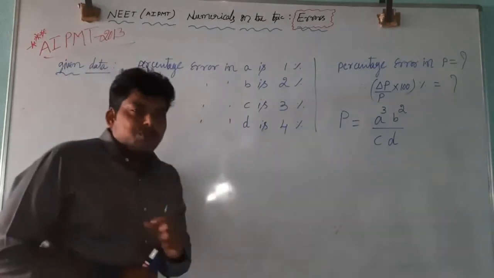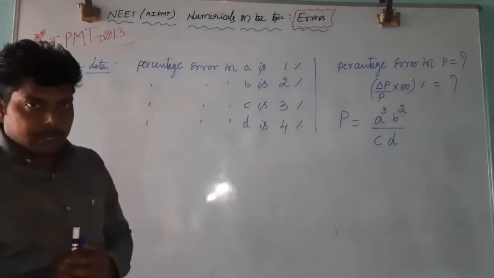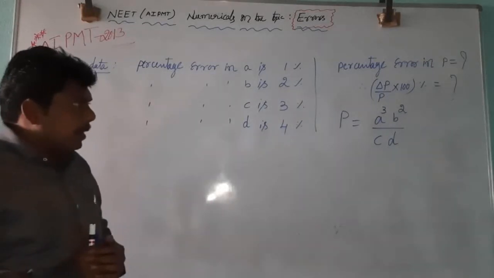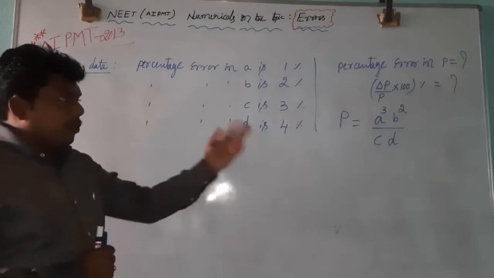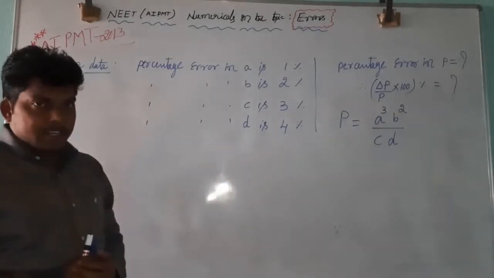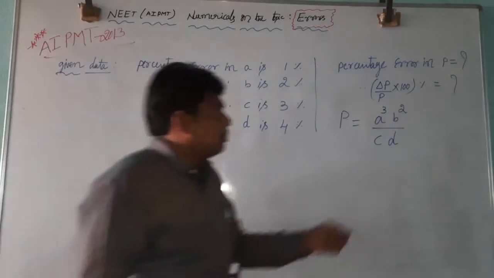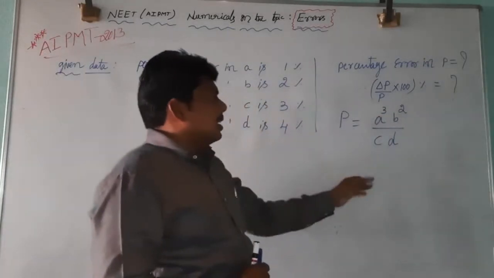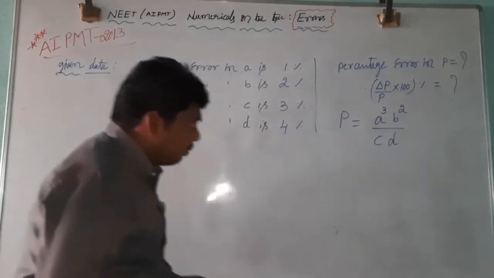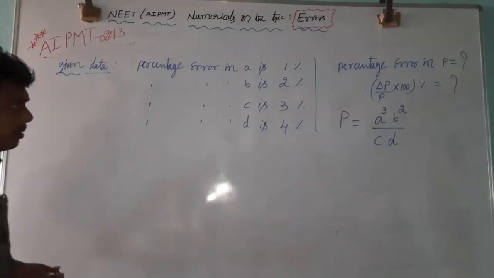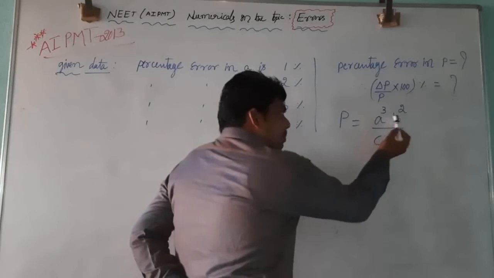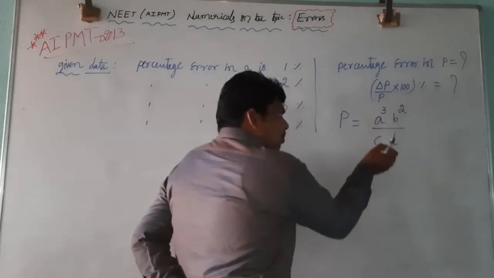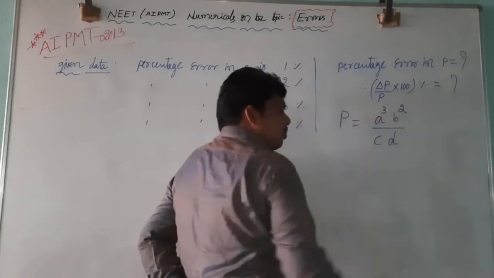This question is very similar to the previous one. In the previous one, I explained how to solve the numerical which is based on the combination of errors. Except for the powers, this question is exactly similar to the previous one. Now we will solve this. Here there is error due to multiplication, error due to ratio, error due to power.